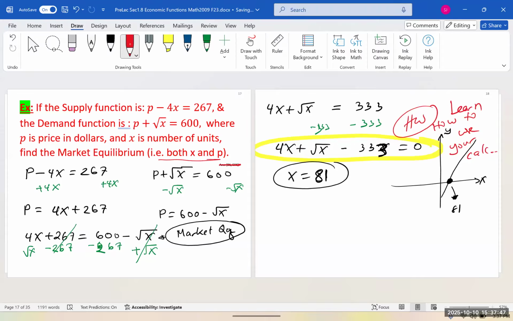What's the direction? What did he say? Find both x and P. We found x. Are you done? Nope. We need to find P. How do you find P? You take any one of the equations. It doesn't matter which one.